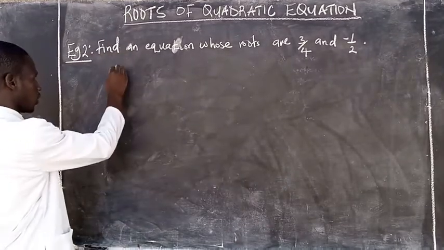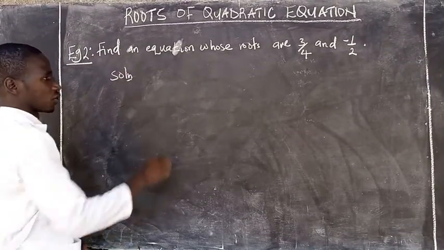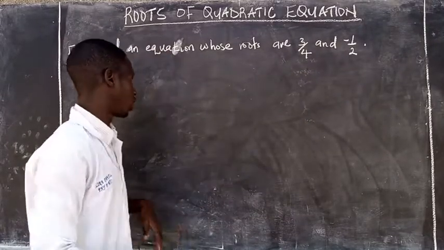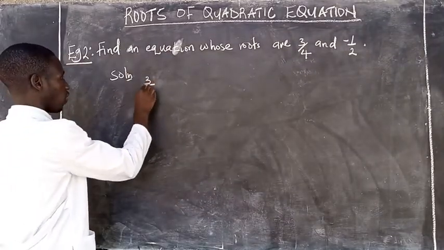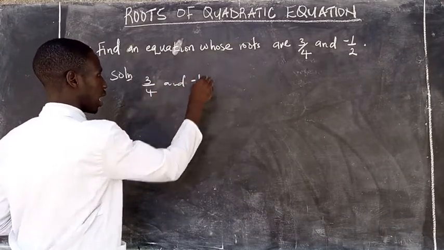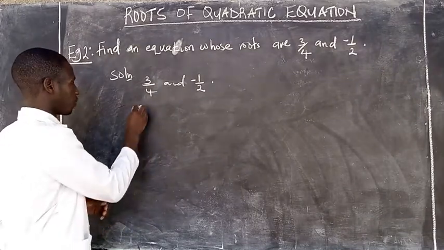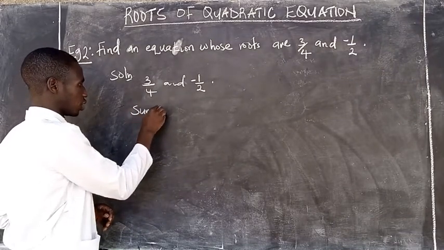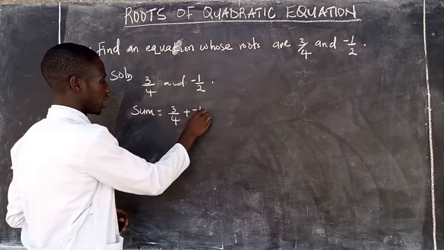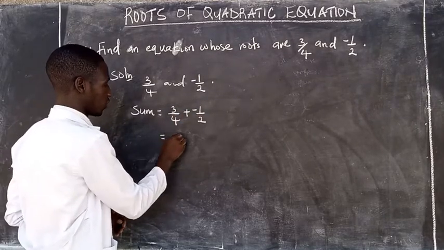That's very simple. In our solution, those are the roots already. 3 over 4 and negative 1 over 2 are already the roots. So we first get the sum of the roots, which is going to be 3 over 4 plus negative 1 over 2. We take the LCM here.